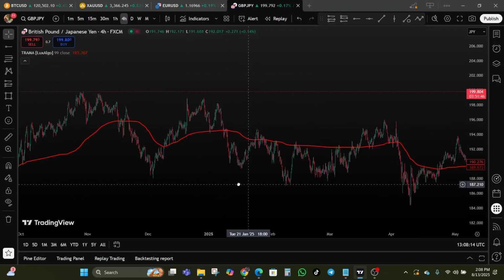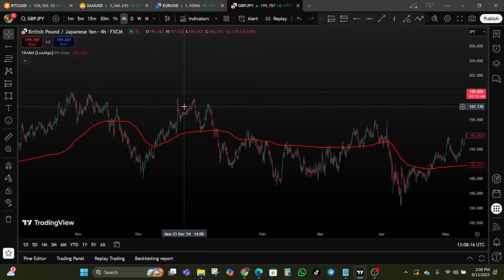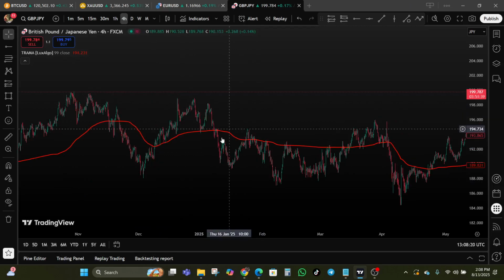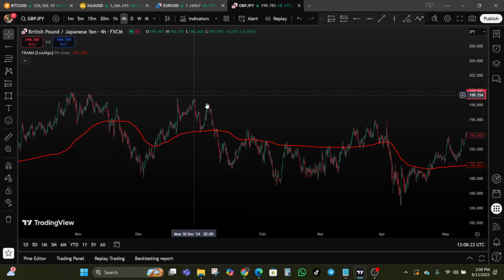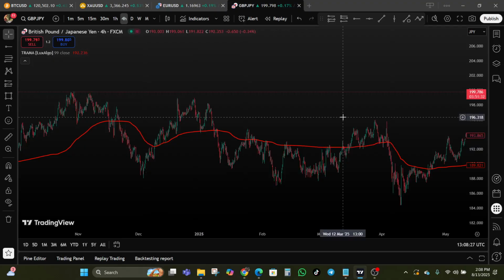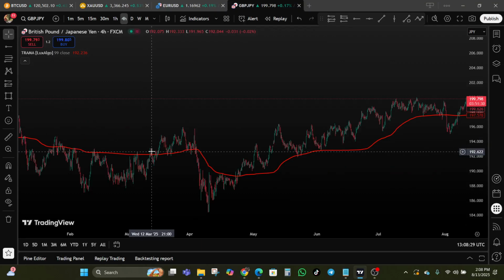Even though here we had a slight trend, you will notice that the TRAMA was mostly moving sideways during this erratic price movement. There was more of a sideways movement by the TRAMA indicator, even here.